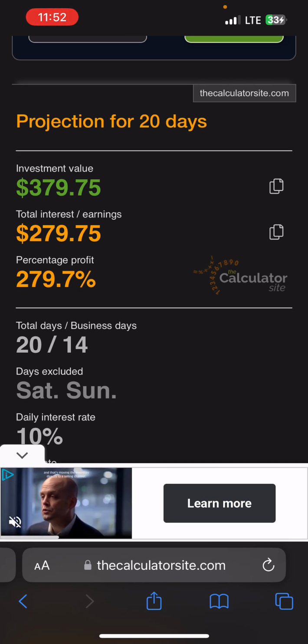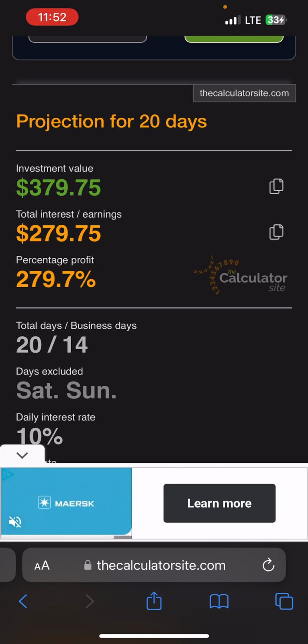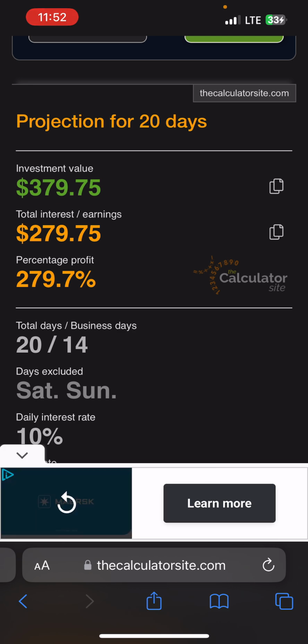Now, projection for 20 days. It means that in 20 days, my account should be $379.75 if I follow this properly. Now, my interest, which I'm going to make, is $279.75. All right, that's my interest.